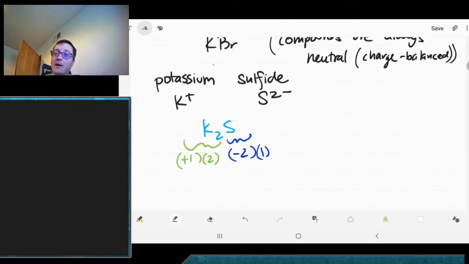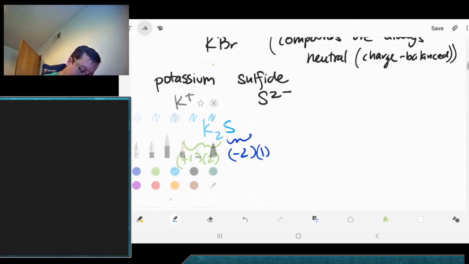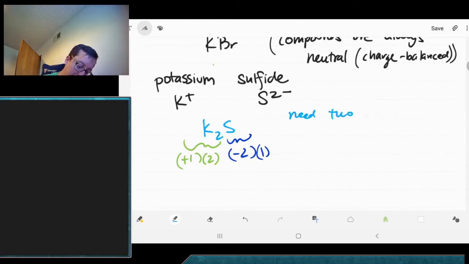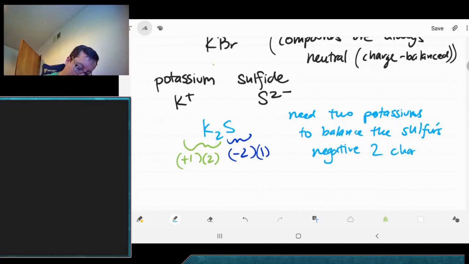We need these to be the same but opposite signs. So we need these to be charge balanced. We can see here, it's not terribly difficult, that we need 2 potassiums to balance the sulfur. Gotta balance them properly.